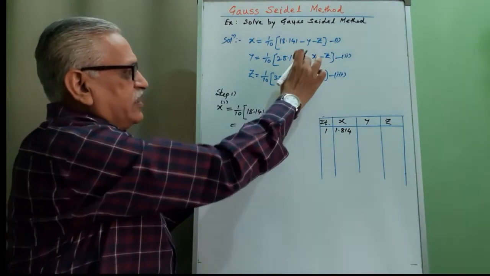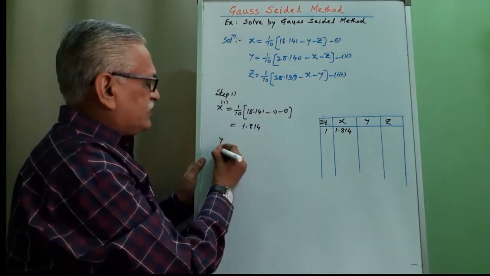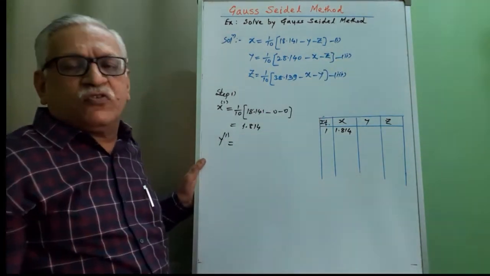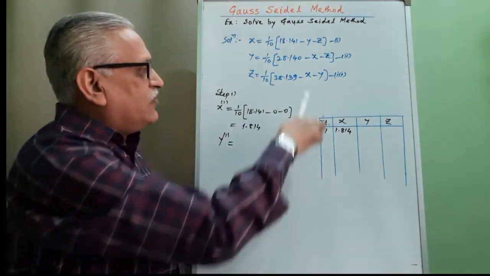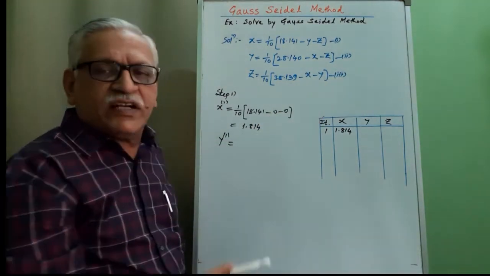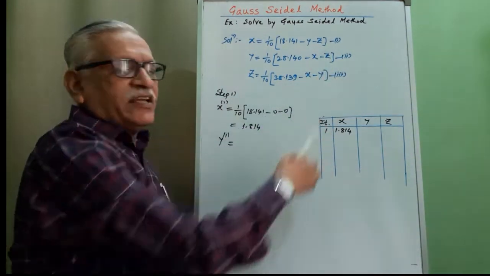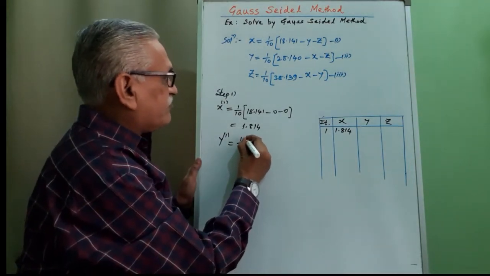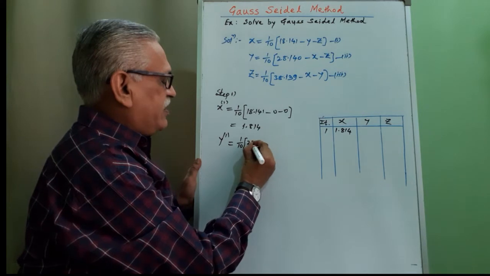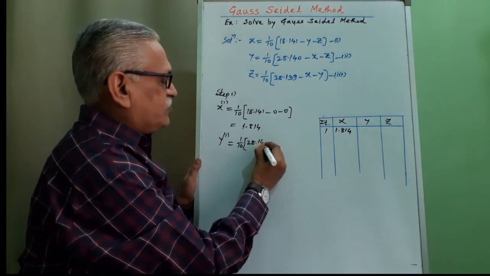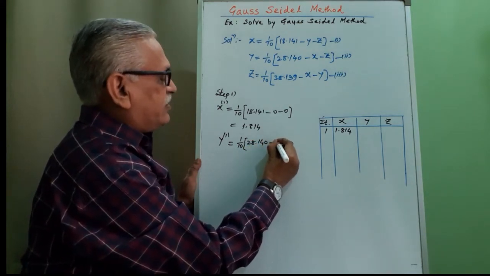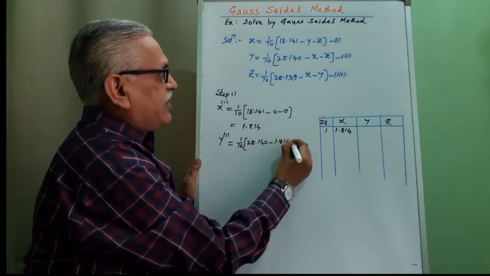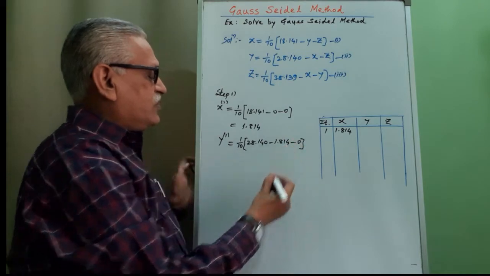Then using equation 2, we find the first approximation for y1. On the right hand side we have the two variables x and z. We put the latest value of x as 1.814 and z as 0, and therefore it is 1 by 10 times (28.140 minus 1.814 minus 0).